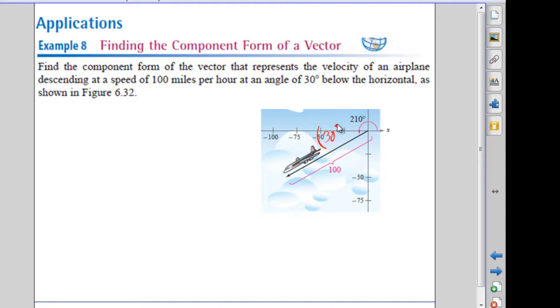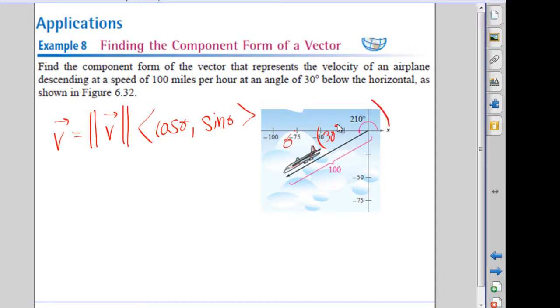So with component form, let's call it vector v, is equal to the magnitude of this vector times the vector itself, so cosine theta, sine theta. Well, because the reference angle is 30 degrees, from the positive x-axis all the way to the terminal side, it's really 30 degrees plus 180. So this theta is actually 210 degrees.